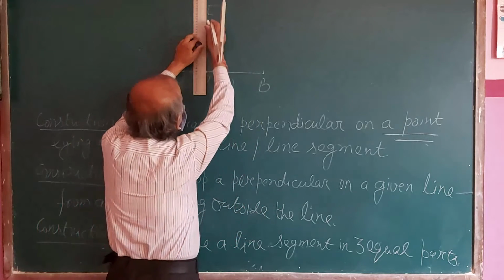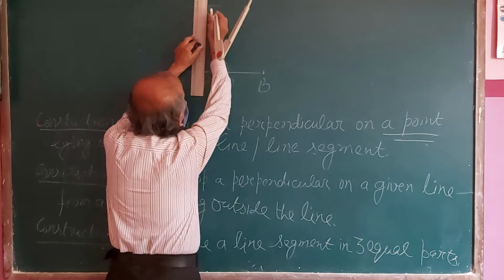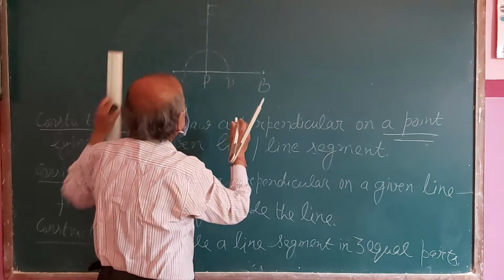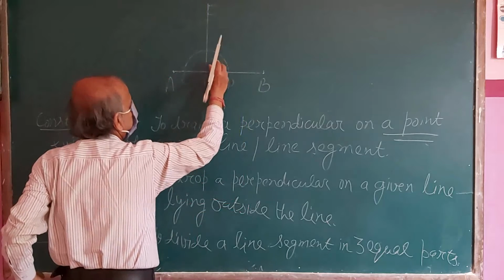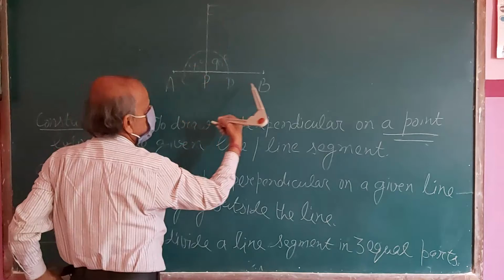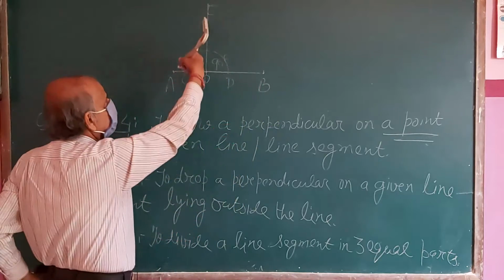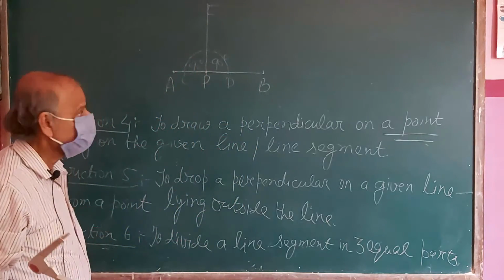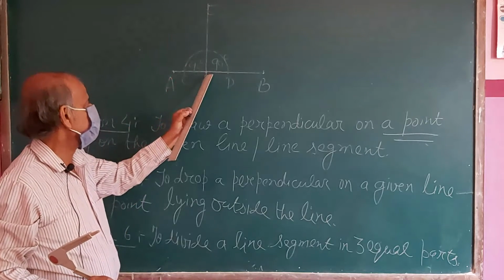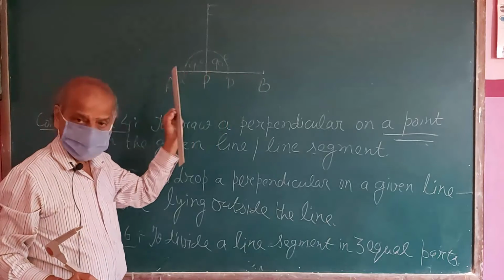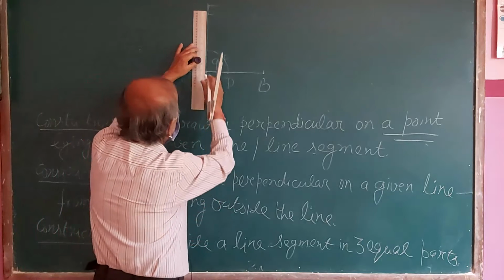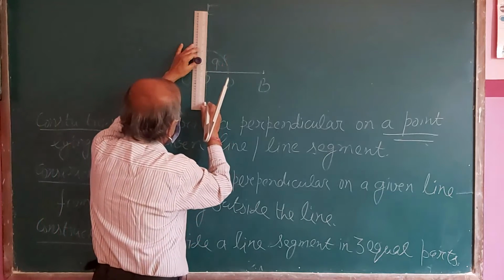EP is the line, this is your 90 degree angle. EPB is 90 degrees and EPA is also 90 degrees. And this EP is the line segment which is perpendicular to this line segment AB. If you extend it in both directions, then you can say it is perpendicular.